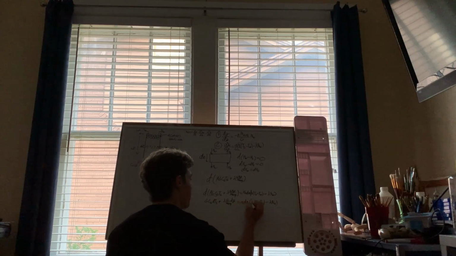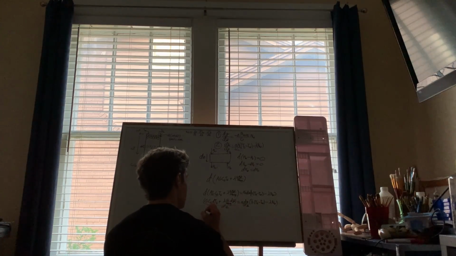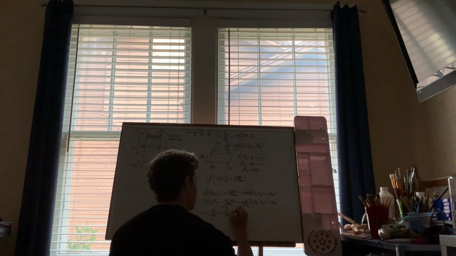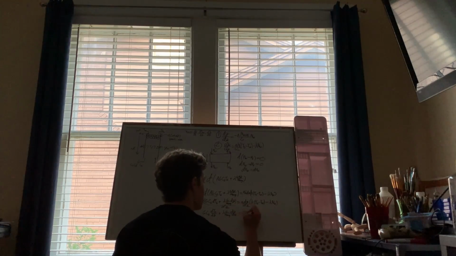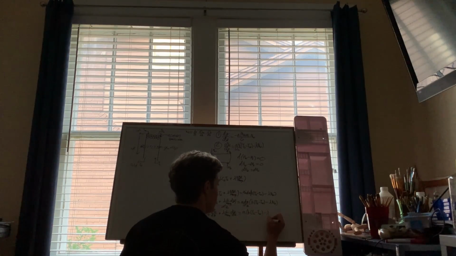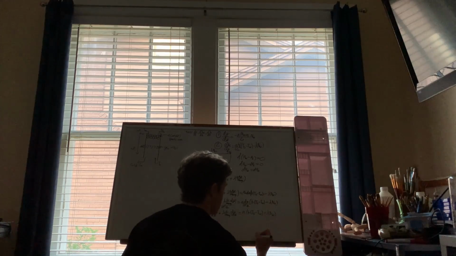So we're going to divide both sides by dz, which gives us our gas flow rate times our heat capacity of our gas times the change in temperature of our gas divided by the change in position, plus the heat of vaporization for water times our gas flow rate over our molecular average weight times the change in mole fraction over the change in position, equals our specific area times our heat transfer coefficient times the temperature of our gas minus the temperature of our water, minus the heat of vaporization of our water times the molar flux of our water.